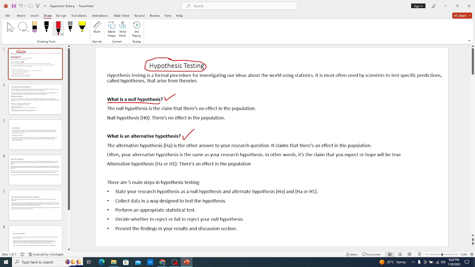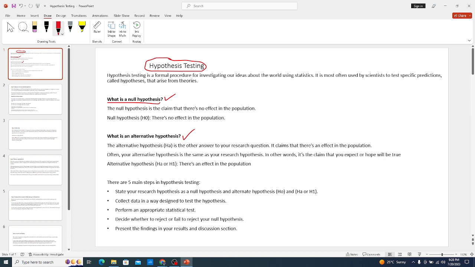But the alternative hypothesis always shows us there is a significant difference between what you are trying to study.